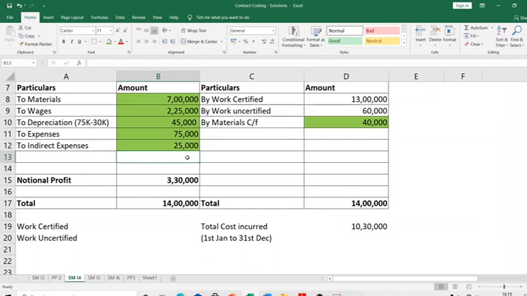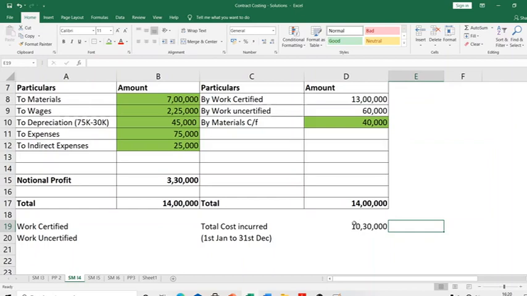But for that work done, no revenue is getting recognized, because you don't have a completion certificate. He has not certified your work. But for doing that uncertified work, the cost incurred in the month of December alone is there. So this will again beat the matching principle if you allow this entire 10,30,000 to be there. Last month work, cost alone is recognized, sale is not recognized.